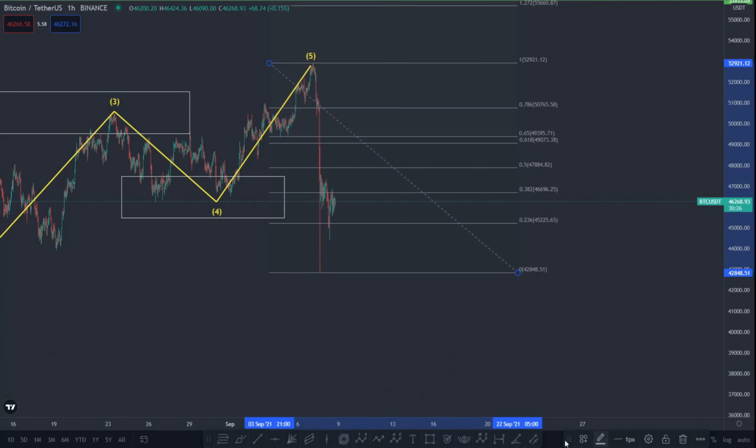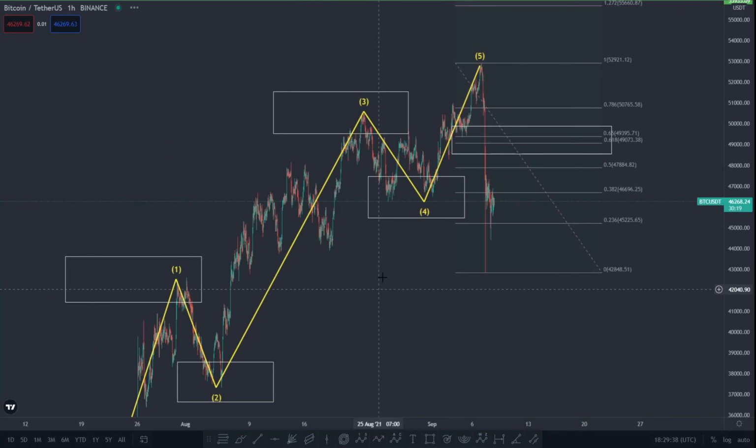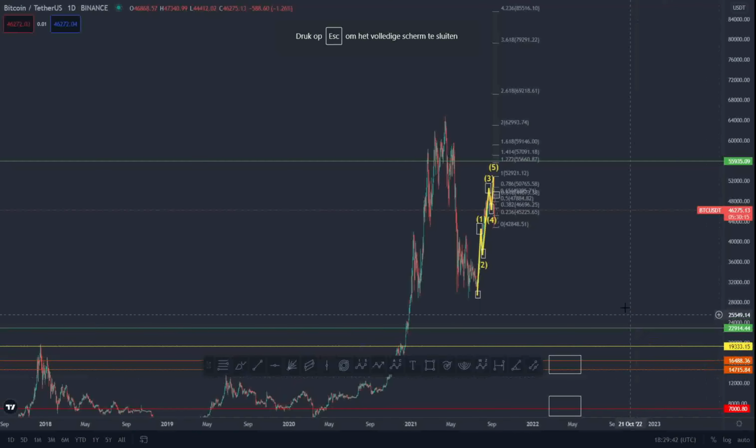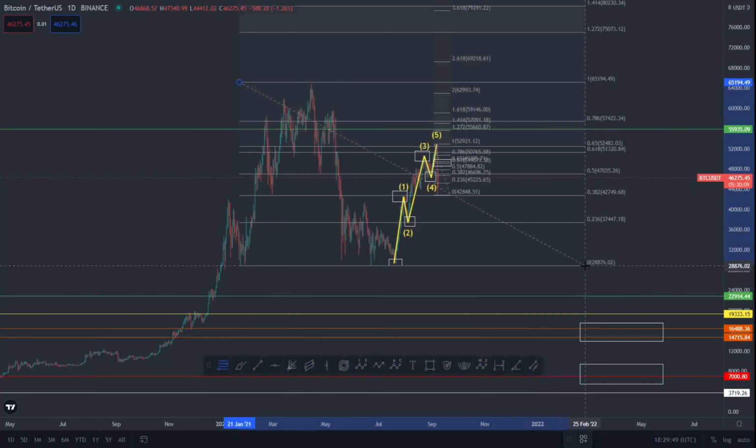So this is the level to watch out for. Okay, so why that one? Let's go on to the daily, and draw it the same way.